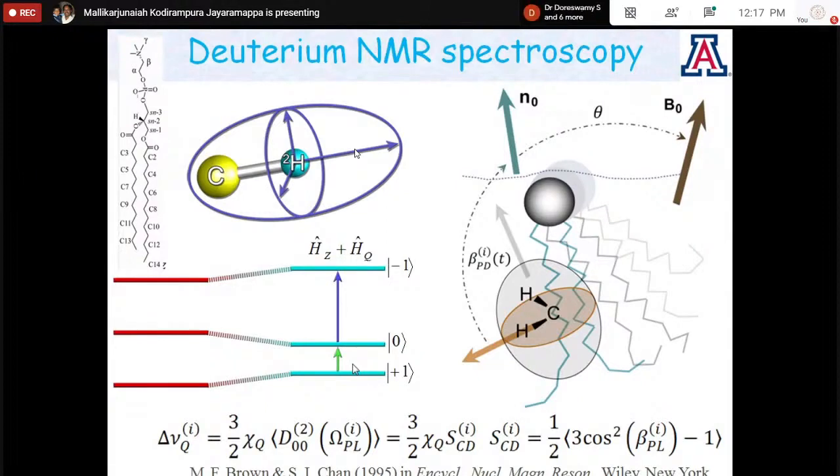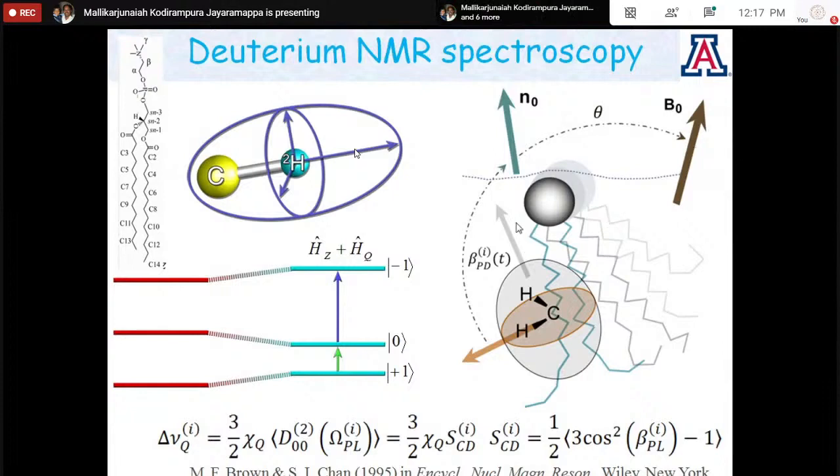Now we'll try to understand the right-hand side picture. For the hydrogen in the carbon CH2 group, I am replacing hydrogen with deuterium, and by measuring deuterium NMR spectroscopy, I am connecting all the motions which can occur at the CH2 group with respect to the laboratory frame.